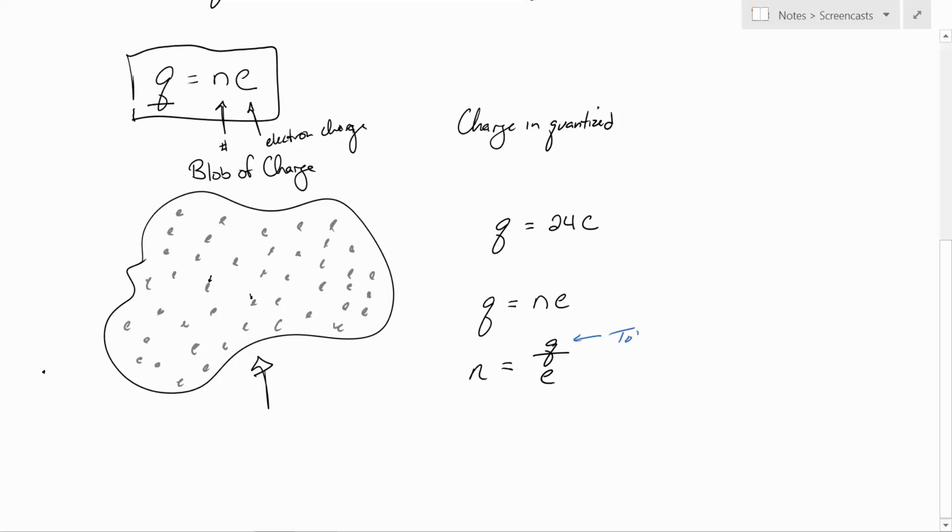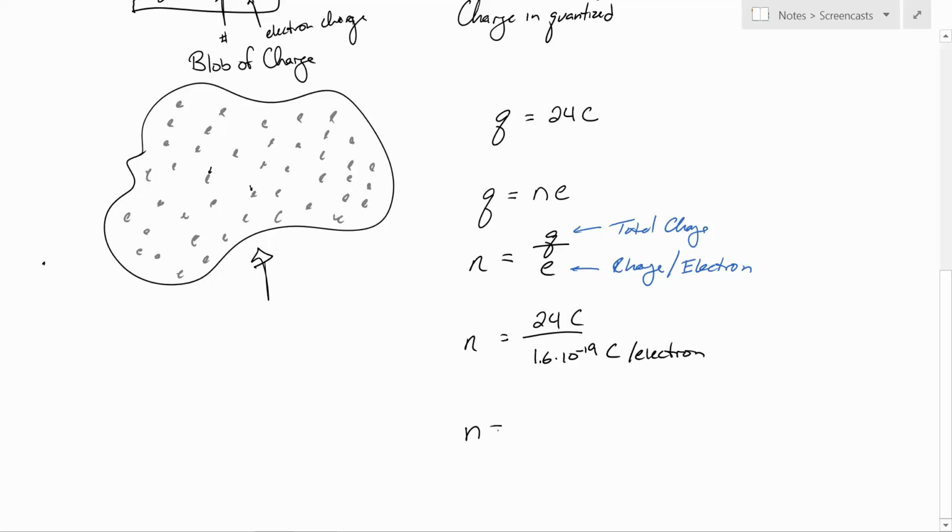Charge divided by charge per electron gives me a number of electrons. So this is 24 coulombs divided by 1.6 times 10 to the negative 19th coulombs per electron.